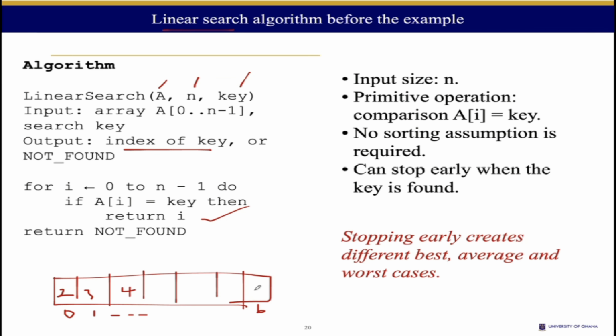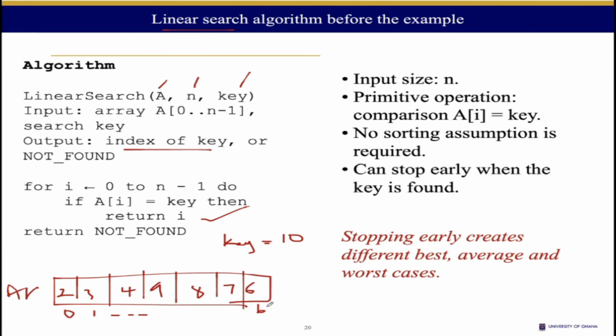So imagine there are things in every location, and you are searching for an item. So my key here is equal to 10. That's what I'm searching for from this array A.